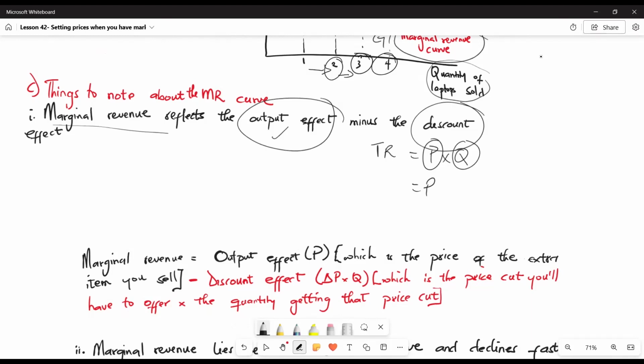So the discount effect is simply equal to the discount that you have to give to buyers to sell one more laptop multiplied by the quantity of units that you sell at that new price. So it's going to be represented by the change in price and then the quantity that is sold at that price. So these two effects are going to determine what our marginal revenue curve looks like.